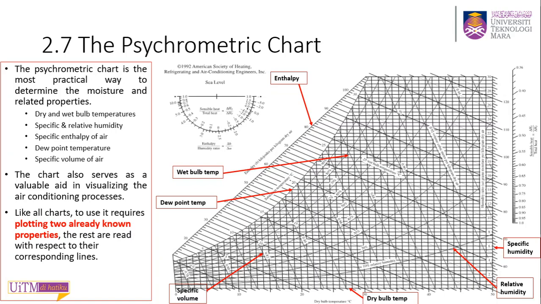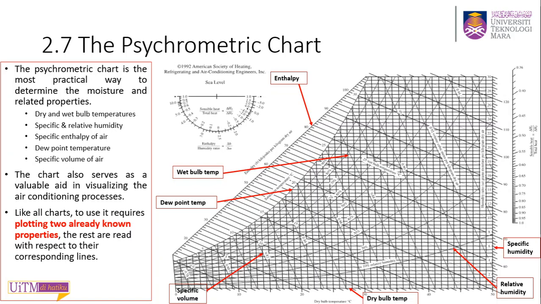The first thing they have to determine is the properties of the atmospheric air at the current location. The easiest way to determine the properties of air so that they can design the air conditioning system is by using the psychrometric chart.